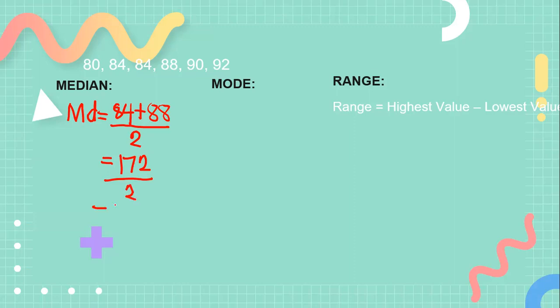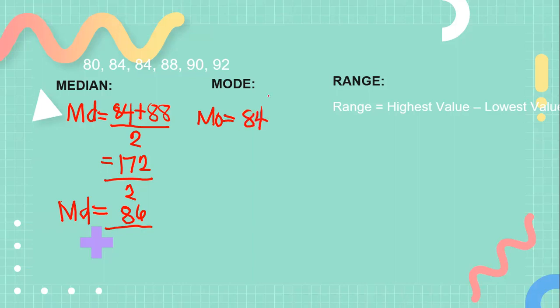It's 86, so our median is 86. Now, for the mode, the data that repeats, class, is 84. Very good.